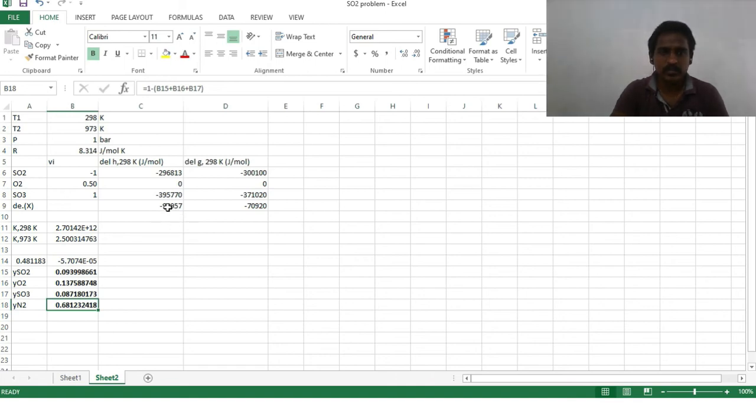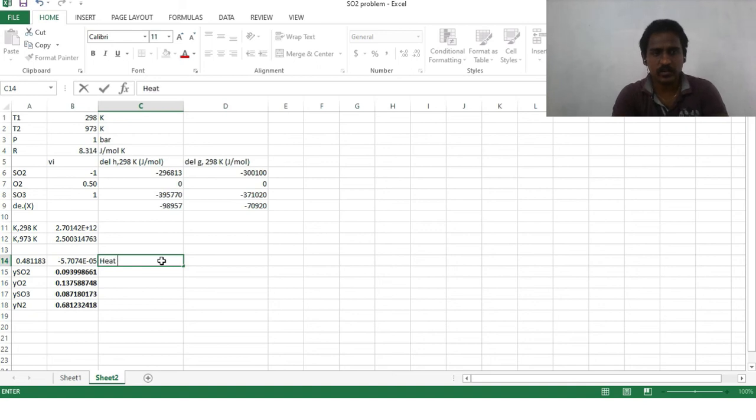Therefore the heat of reaction is negative, meaning heat is rejected per mole. According to our problem statement, the equilibrium conversion is 0.481183.